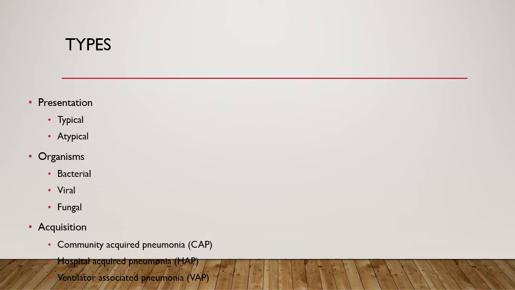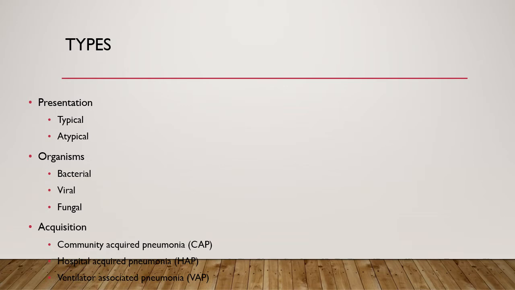ventilator associated. So hospital acquired pneumonia is that which a patient acquires after admission to hospital, and it is diagnosed, and it appears clinically 48 hours after being admitted to hospital. So if a patient develops pneumonia one day after admission, it's not hospital acquired.